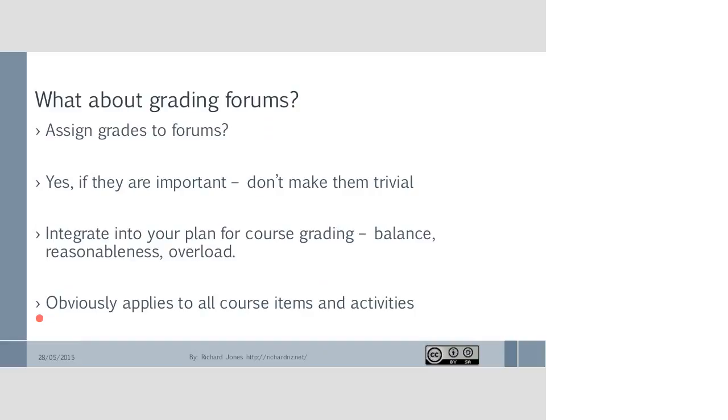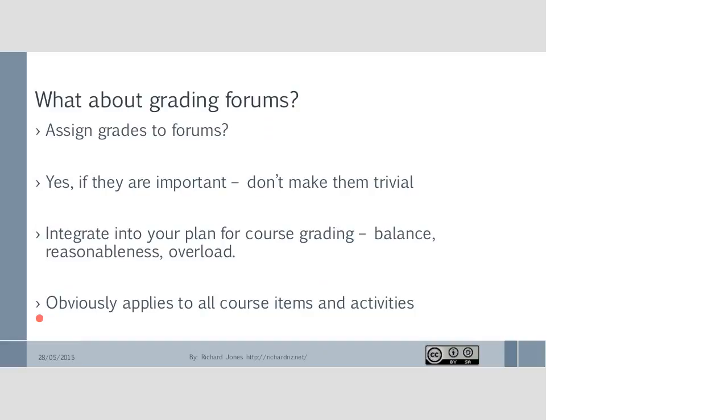Balance and reasonableness, yes. So if you have 1,000 total points for your course and there are 4 forums and they're each worth 10 points, you probably won't get much interaction. Students are not that dumb, generally speaking. If you reverse that and you allocate 200 points for each forum, then students can pass the course without having done any formal testing.